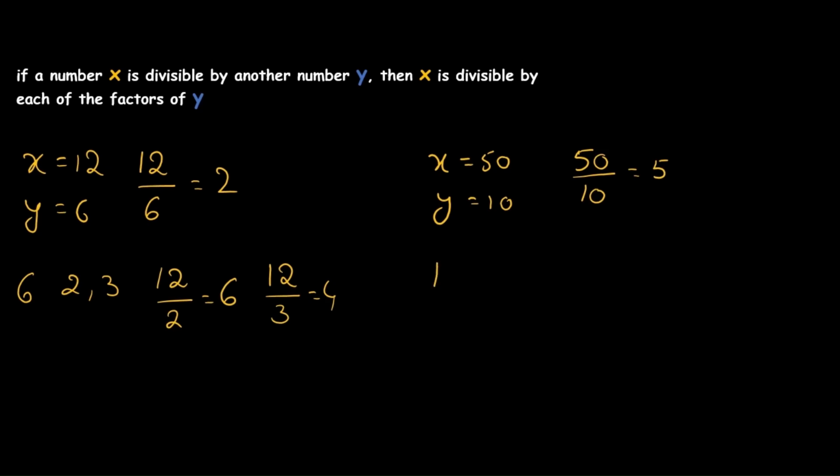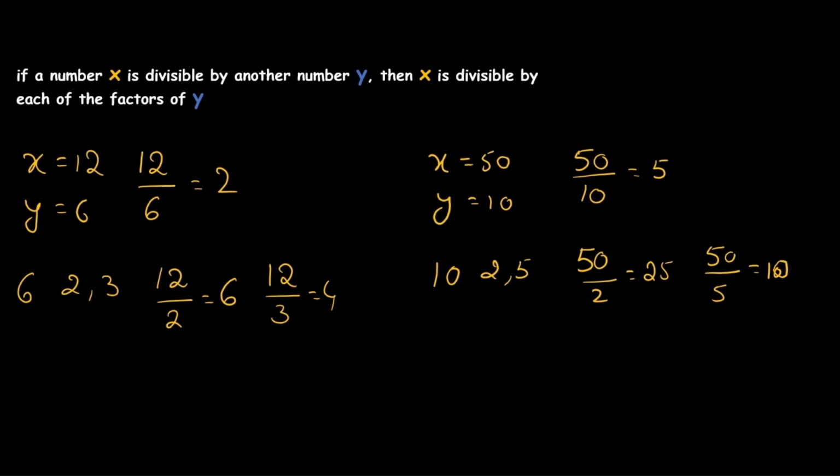Now what are the factors of 10? 2 and 5. Let's see, 2 and 5 can also divide 50. So 50 divided by 2 gives 25 as the quotient and 0 as the remainder, and 50 divided by 5 gives 10 as the quotient and 0 as the remainder.